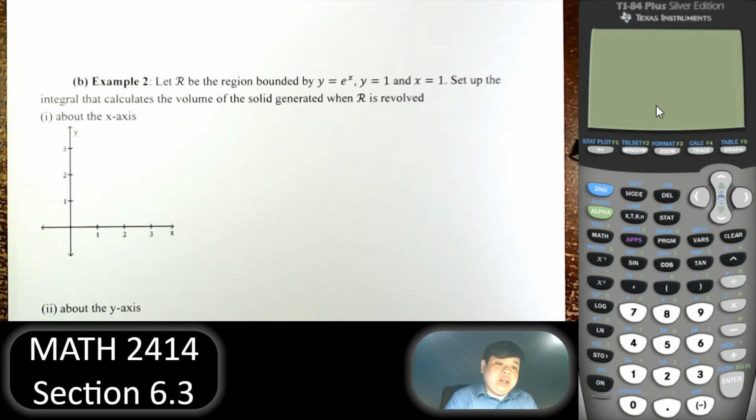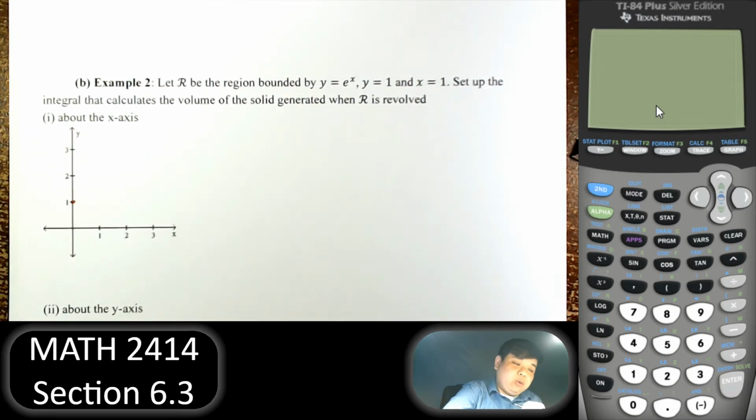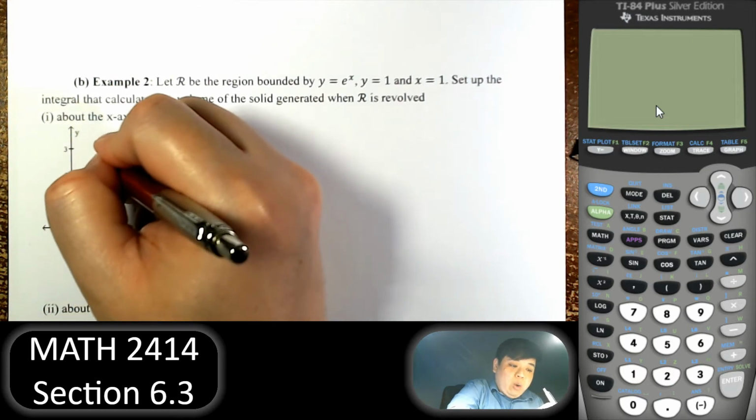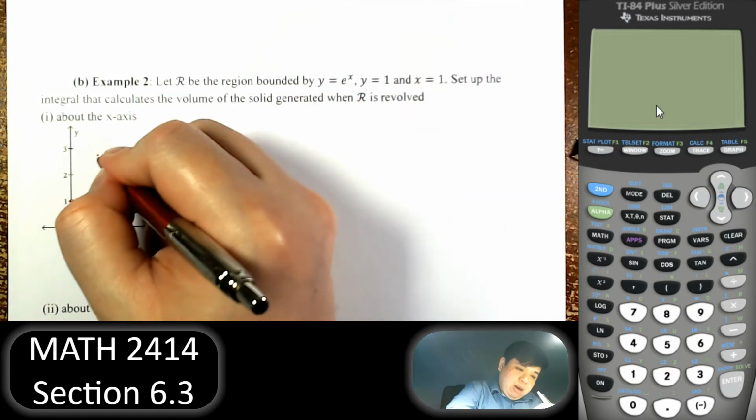Let R be the region bounded by the graph y equal to e to the x, y equal to 1, and x equal to 1. e to the x, we talked about that in the previous section. x equal to 0, y equal to 1; x equal to 1, y equal to e, which is 2.71828. So it's about that.